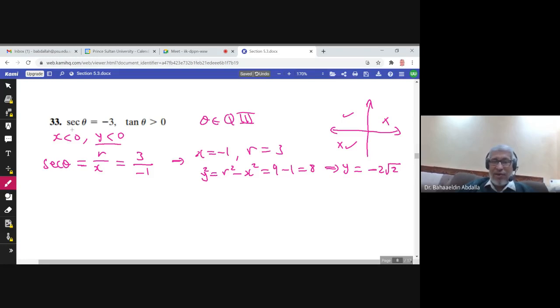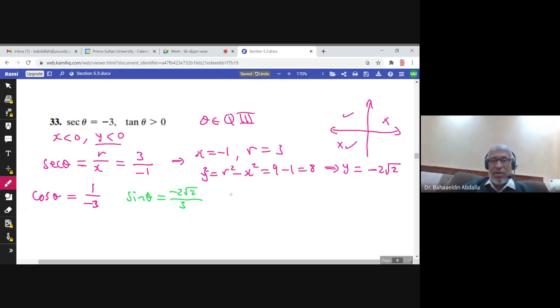I can find everything. Secant is negative 3, so I will find the reciprocal of secant, which is cosine. So cosine would be 1 over negative 3. And I find sine. Sine is y, which is negative 2 square root of 2, over r.